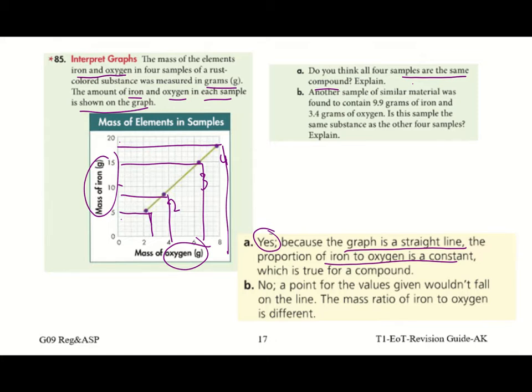Question 2. Another sample of similar material was found to contain 9.9 grams of iron and 3.4 grams of oxygen. Is this sample the same substance as the other 4 samples? Okay, let's see. First let's erase this.